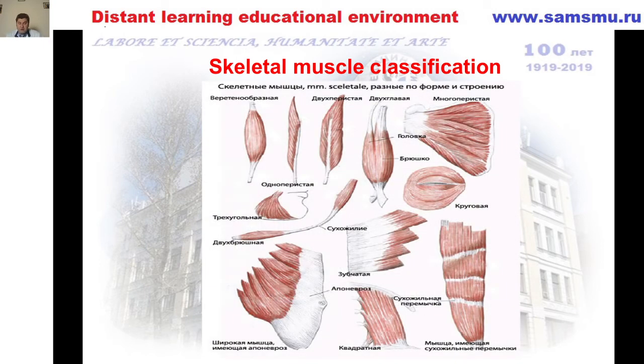Next, by form. The simplest form of muscle is fusiform. You may see a fusiform muscle here. In them, bundles of the muscle fibers lie next to each other. For a muscle of this shape, it's characteristic that its abdomen at the beginning and the end point of attachment passes into a thin tendon.